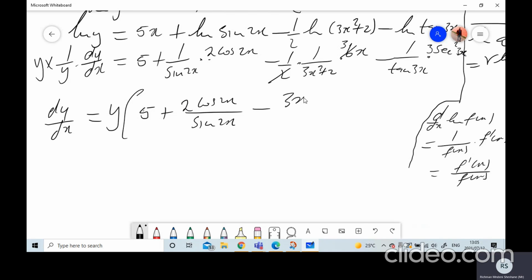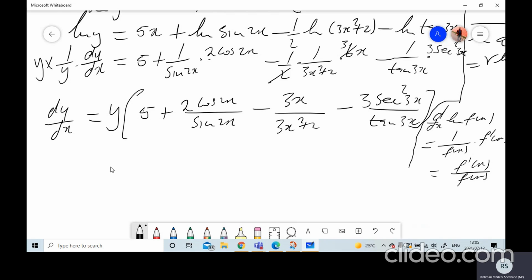This would be 3x over 3x squared plus 2 minus 3 sec squared 3x over tan 3x. Okay, so I was multiplying y with everything on the right hand side.